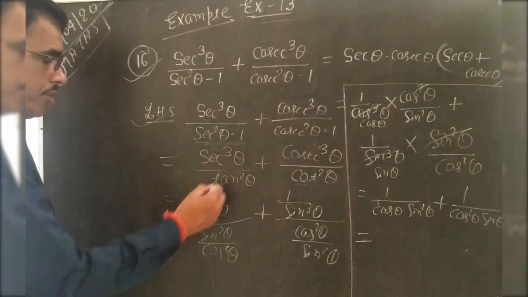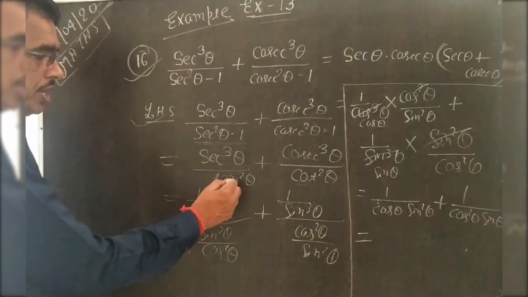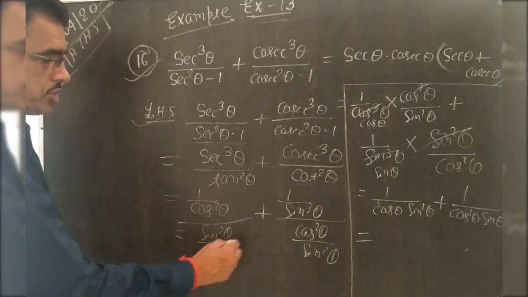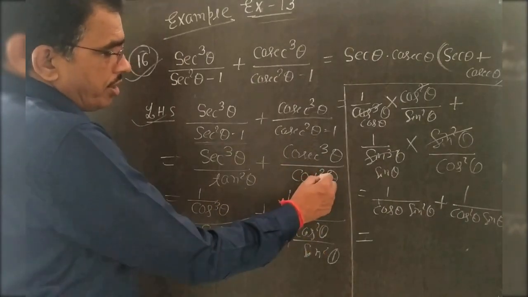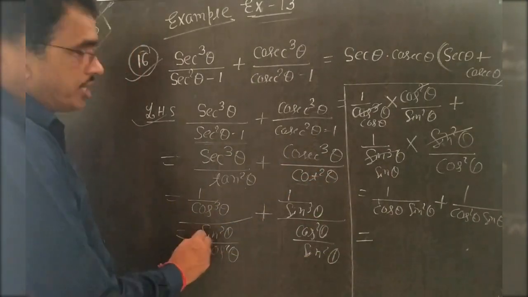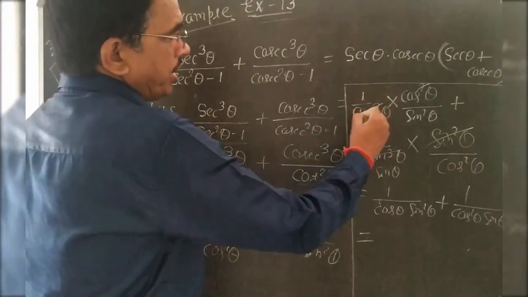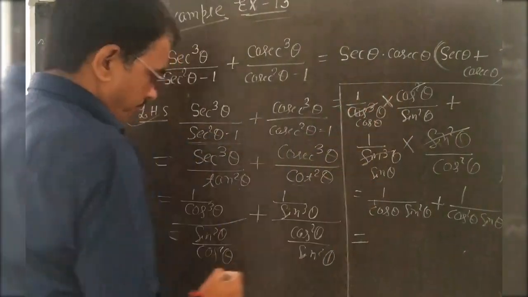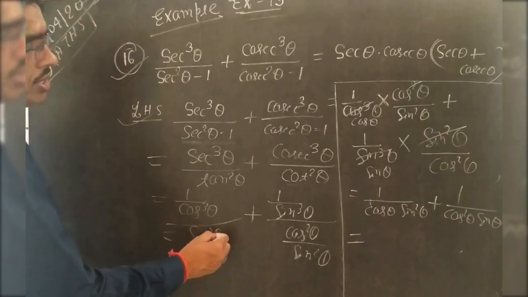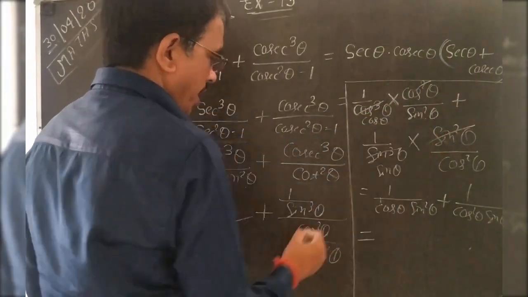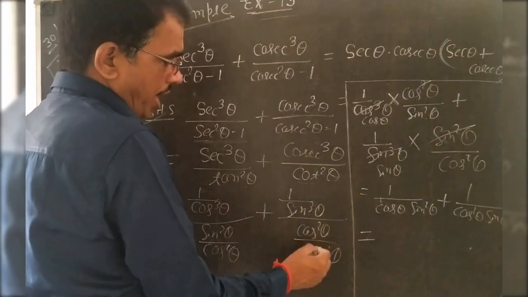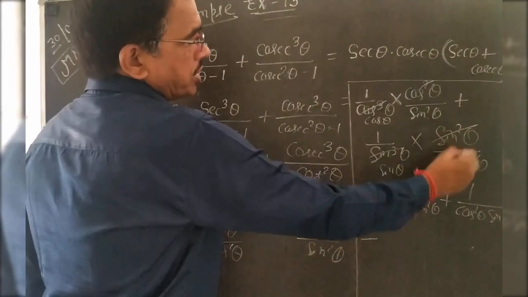So sec cube means 1 by cos cube, tan square means sin square by cos square, plus cosec cube is 1 by sin cube theta, and cot square is cos square by sin square. Here is 1 by cos cube theta into cos square by sin square, plus 1 by sin cube into sin square by cos square.